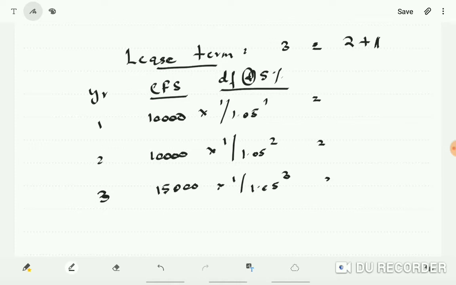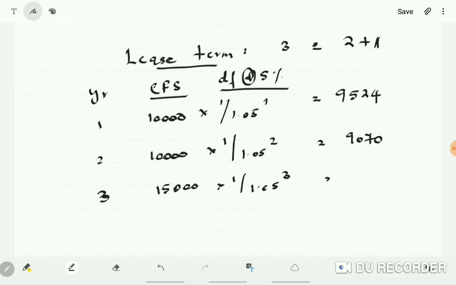Okay, we'll calculate the amounts. One by 1.05 into 10,000 is 9,524. Okay, next one divided by again 1.05 to the power 2, that is 9,070.